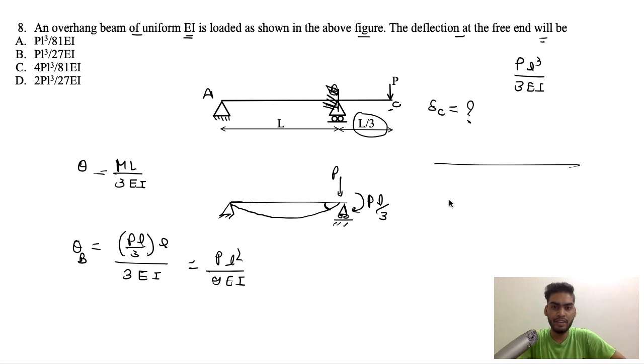So if we write the total deflection, first is the deflection assuming this point to be rigid, and then there will be some deflection due to the actual rotation of point B. So that will be theta times L by 3. Now theta we know here, and for a rigid support the deflection will be PL cube upon 3EI.